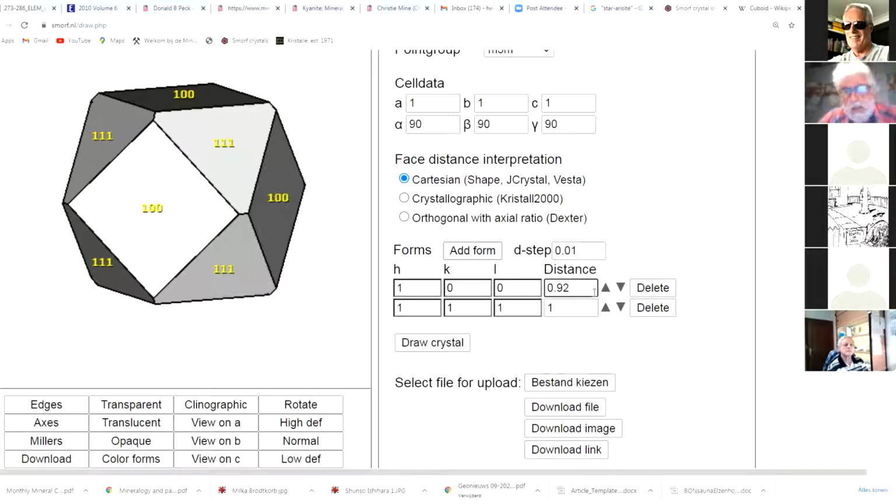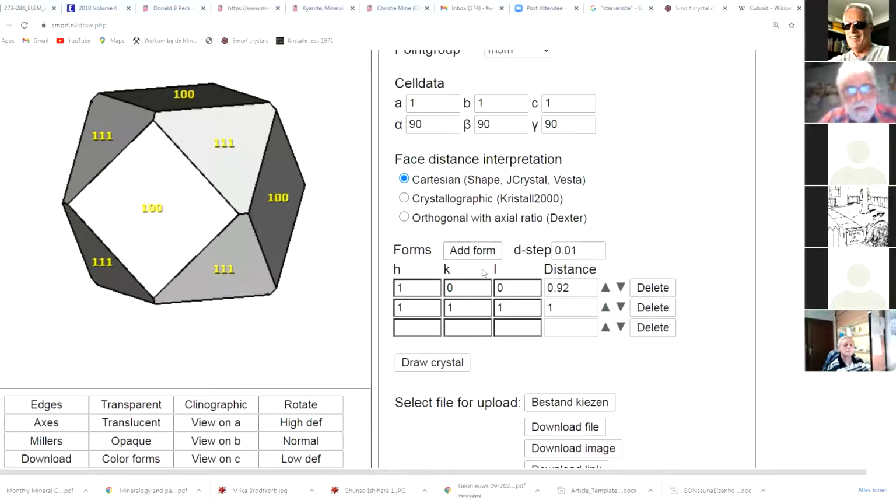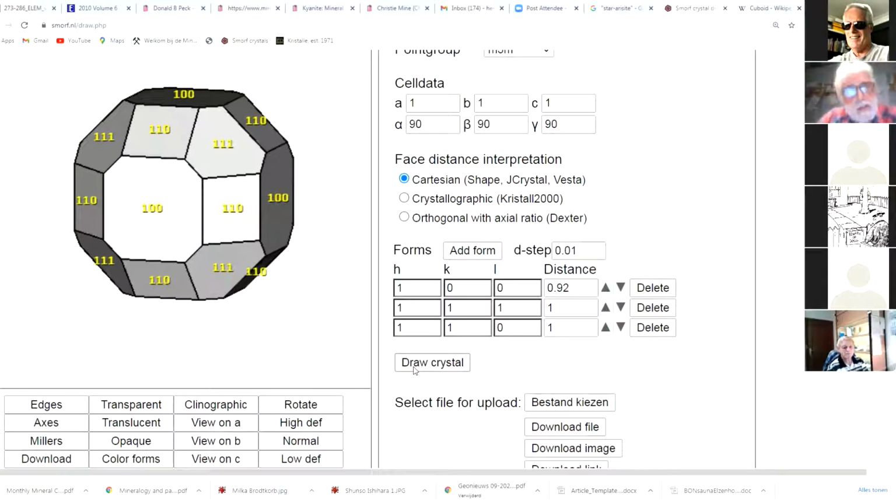And of course, you can make it more complicated if you add a third form. Like, for example, if we add a rhombic dodecahedron to the drawing, this is what we get. Some people might recognize certain fluorite crystals from Inner Mongolia.